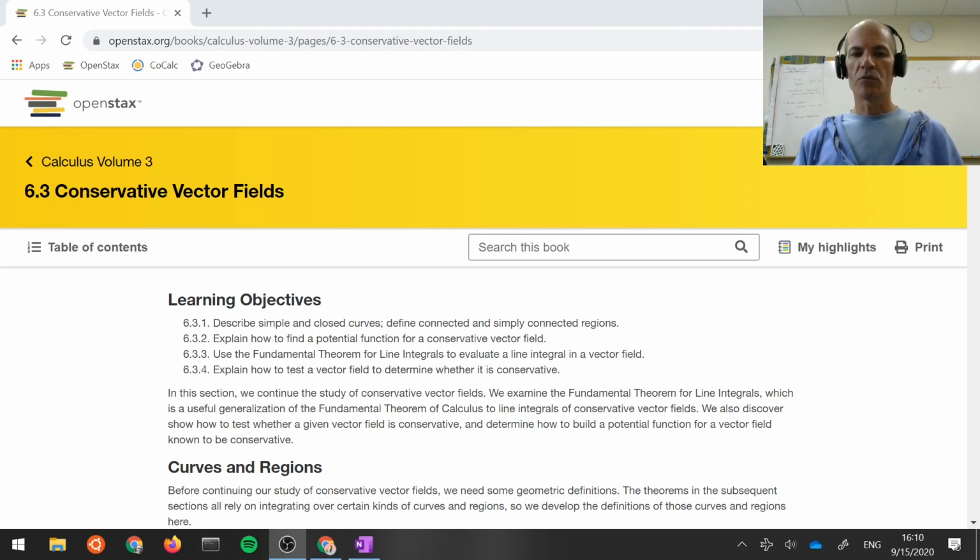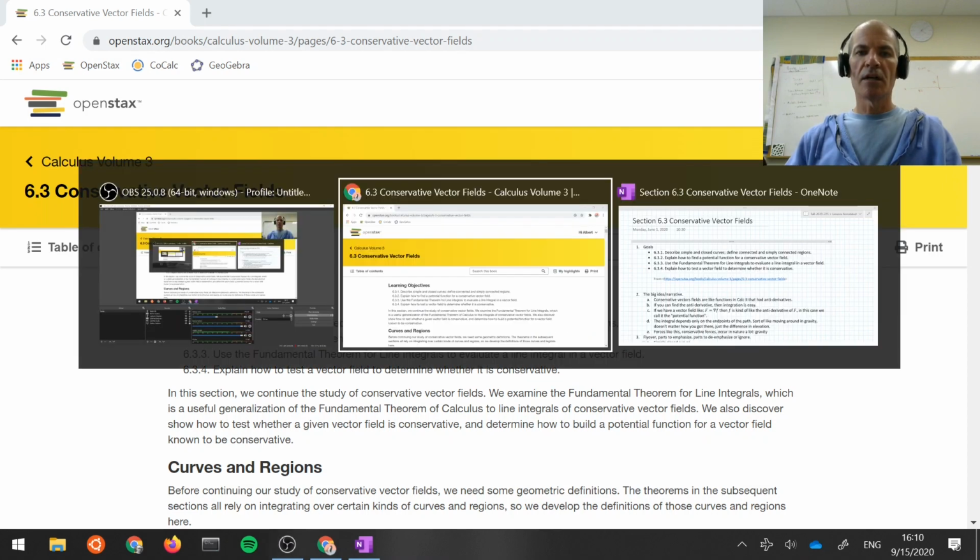These vector fields interact very nicely with line integrals, and that's the big idea of the day. They kind of do a fundamental theorem of calculus.